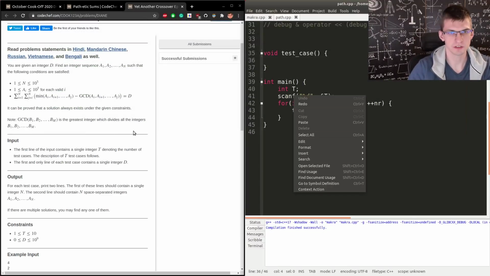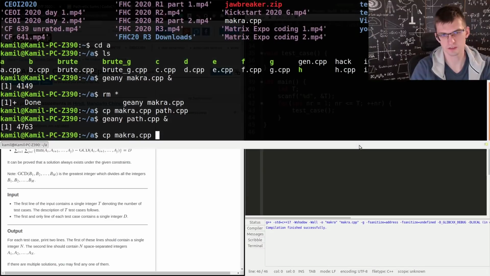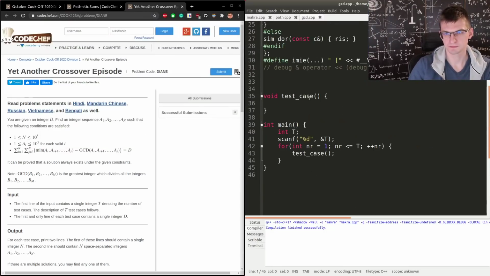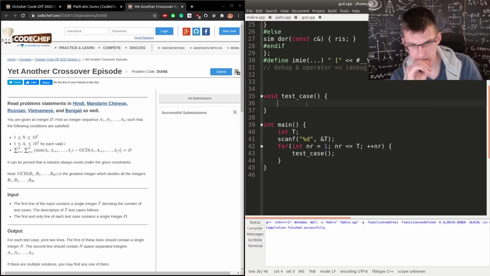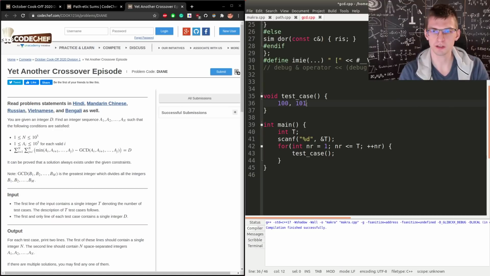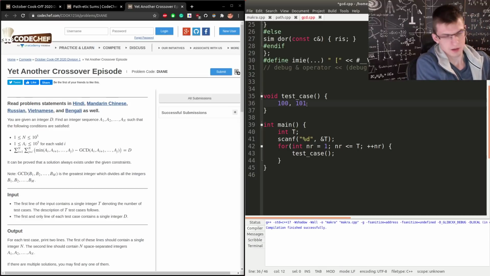Let's call it the GCD. Minimum minus GCD. I can get two big neighboring numbers like 100 and 101, and that will give me plus what to the answer? Minimum minus GCD. This will give plus 99.